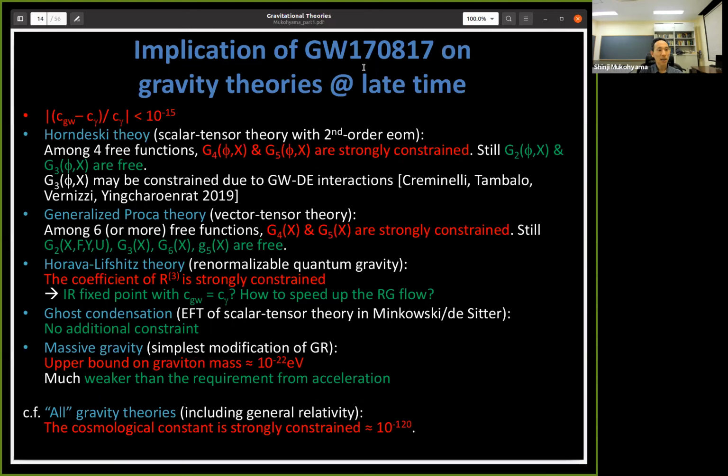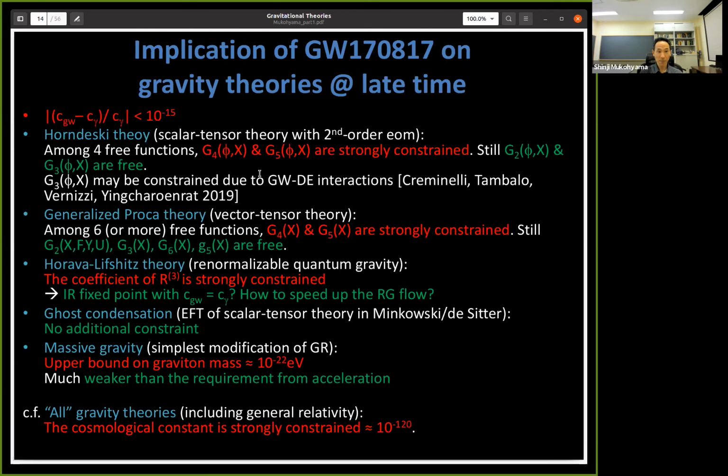Because of this detection of gravitational waves and the simultaneous detection of a gamma ray burst, we know that the speed of gravitational waves and the speed of light should be almost the same, maybe exactly the same. But we don't know. At least the difference should be smaller than 10 to the minus 15 or something like that. So this tells us many things about many theories.